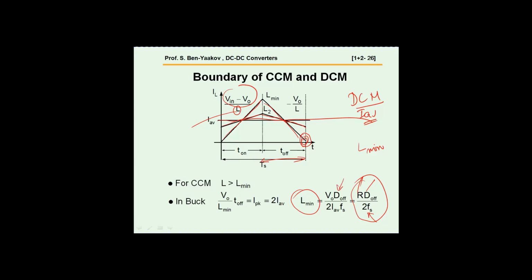Or you can express it in a different way. In any case, this is information you know from the operation of the buck converter, because you know the frequency you're running it at, you know what your load resistance is, you know what D off is because you know TS, and you know what D on is, so therefore you know what D off is, and you can calculate the L minimum.